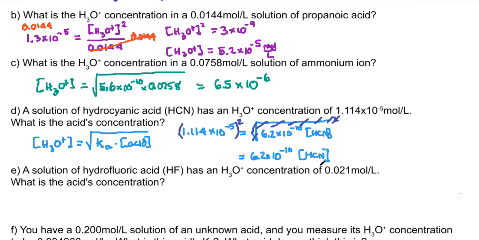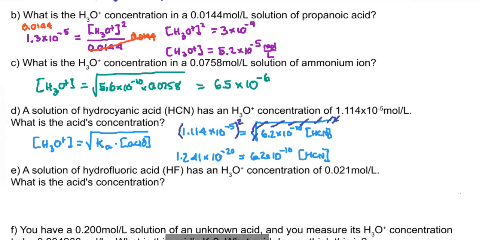If you just want to call this X or something, go ahead. I'm writing HCN, but there's not a lot of benefit to that. On the left side here, I have to do 1.114 times 10 to the minus 5, and I have to square that, which gives me an itty-bitty number. 1.241 should be enough, times 10 to the minus 10.